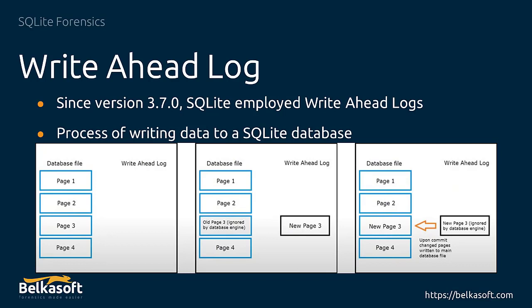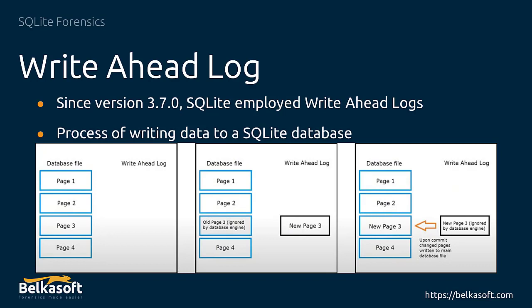Now the write-ahead log, or WAL file, contains new page 3, and old page 3 is marked obsolete and is ignored by the main database engine. So when you try to read the database file from page 3, the engine will automatically go to the WAL file because it knows old page 3 is no longer in use.